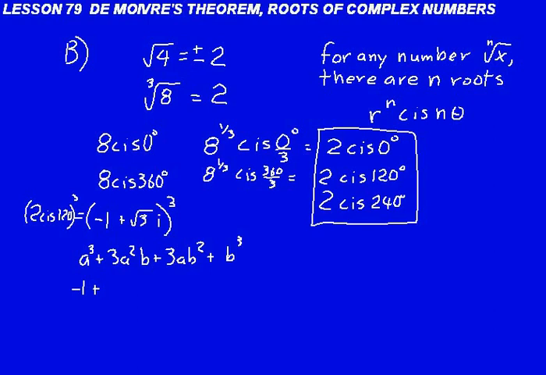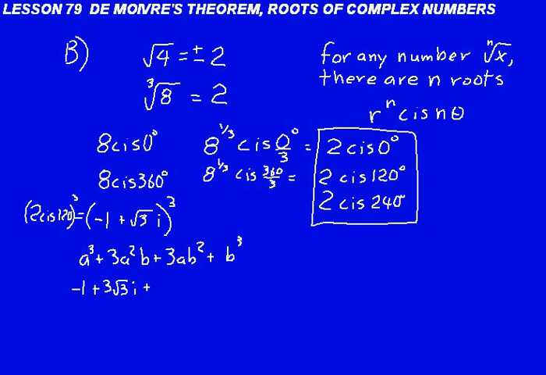That would give us a positive 3 times the square root of 3i. And then the next thing we'd have is 3ab squared, so that would be 3 times -1, times the square root of 3 squared, which would be positive 3. But there's that i in there. We're doing square root of 3i, so it actually ends up being -3.